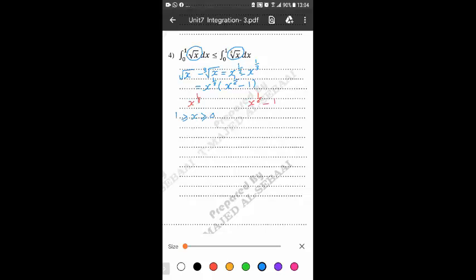What if I take the cube root for all sides? What is the cube root of 1? It is 1. What is the cube root of 0? It is 0. So as you can see, this function is always positive.